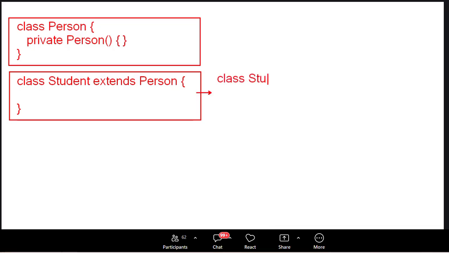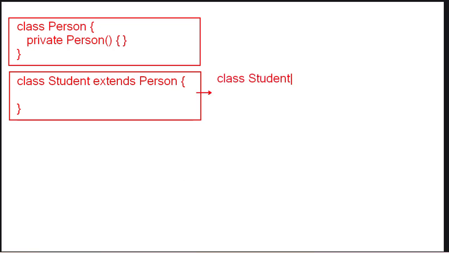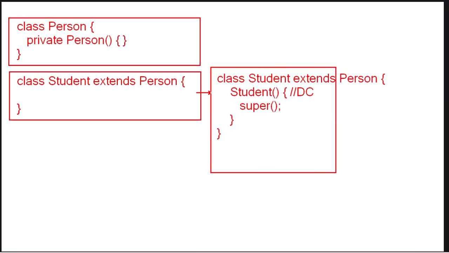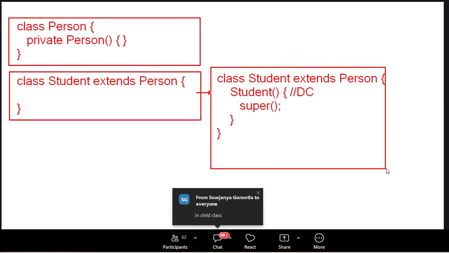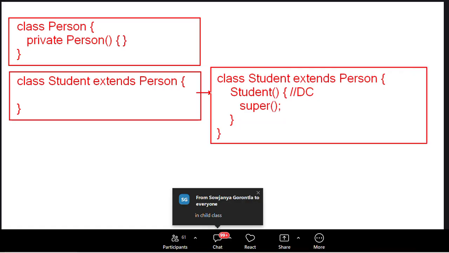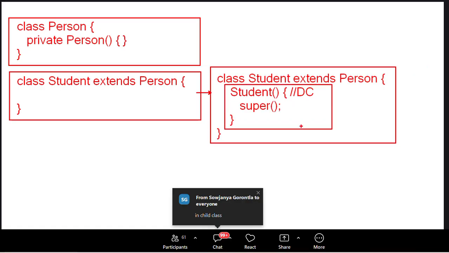Class student extends person. The compiler will add a default constructor with super call. Right?